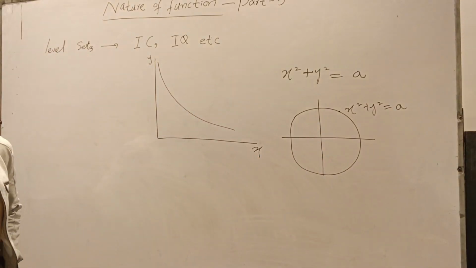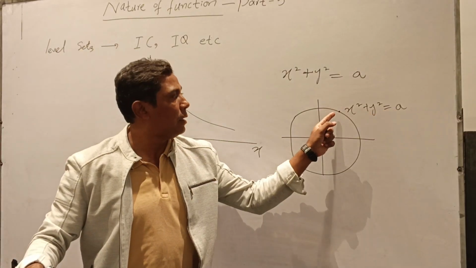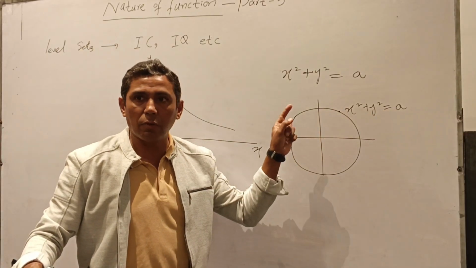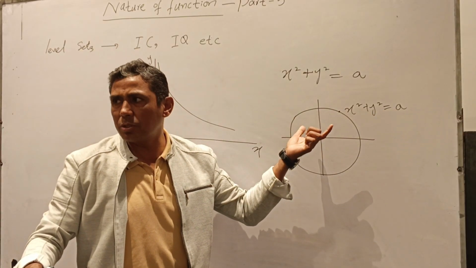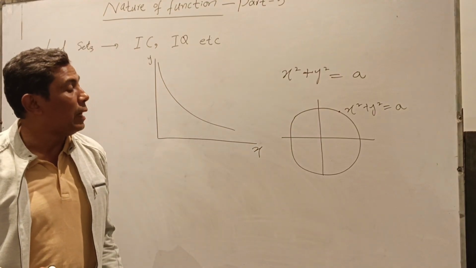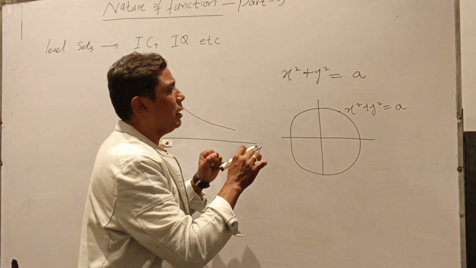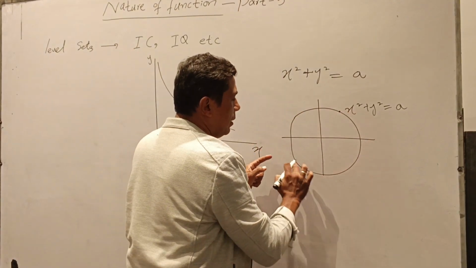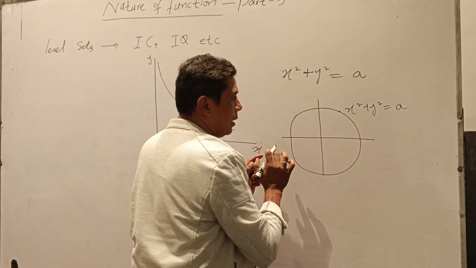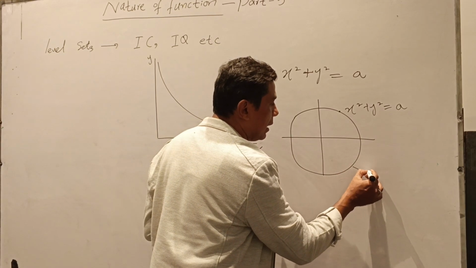Every value with x square plus y square equal to a lies on this circular curve. This is the basic assumption of the equation of circle. And if we have this kind of circle, we call it our level set.